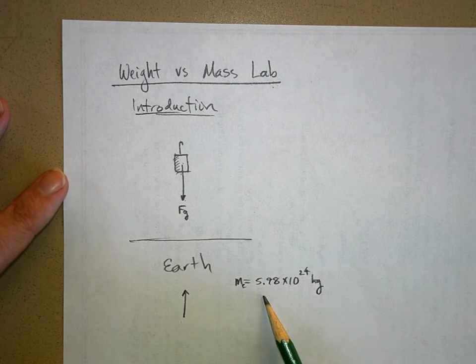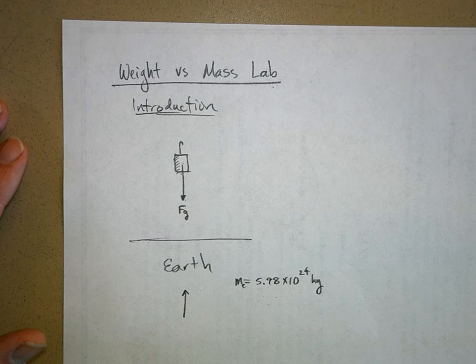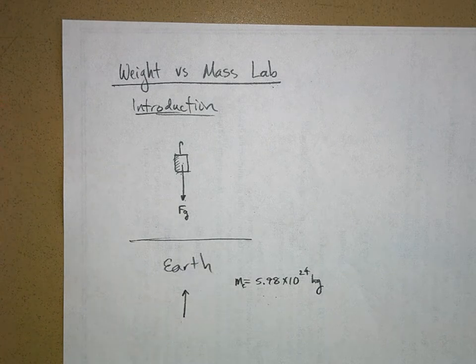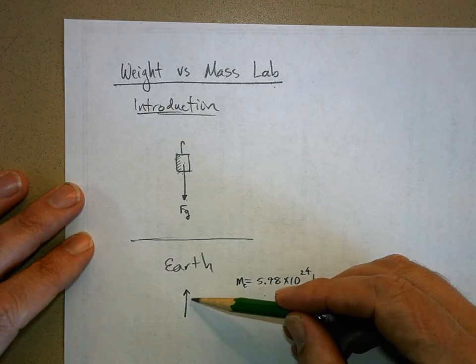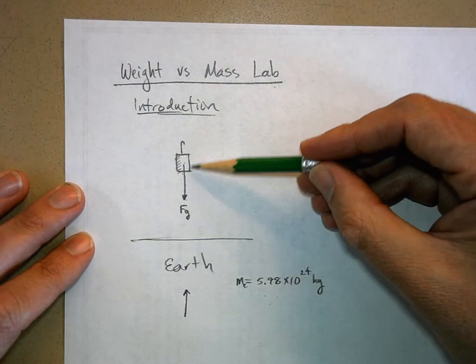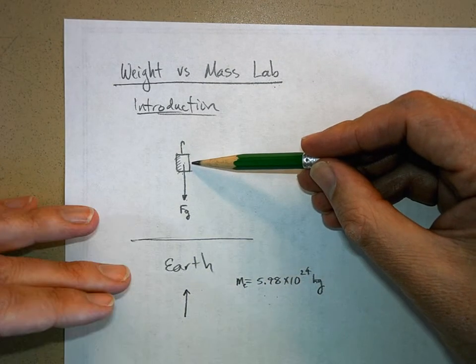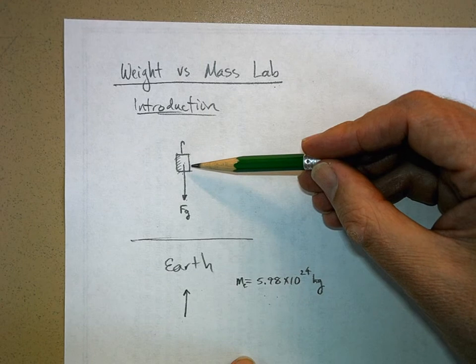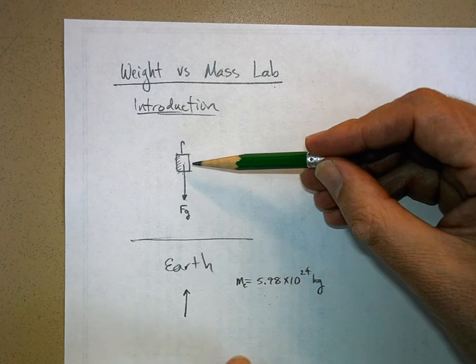So this is 6 trillion kilograms. How big is that? I don't know. I just know it's so big I can't even imagine how much mass that is. So this weak, puny little force that this 500 gram mass is pulling up on the earth with is not going to have any noticeable, any measurable effect on the earth.